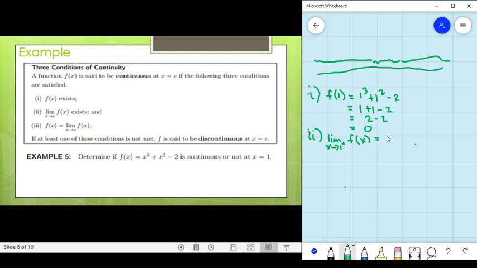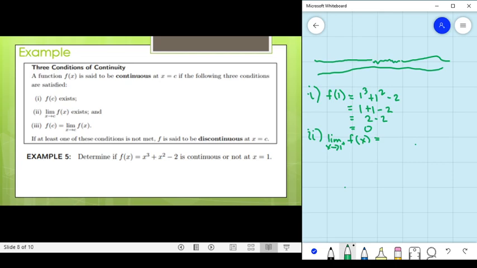So we replace x with 2, then 1.9, 1.8, 1.7, and so on until 1.1, 1.001.